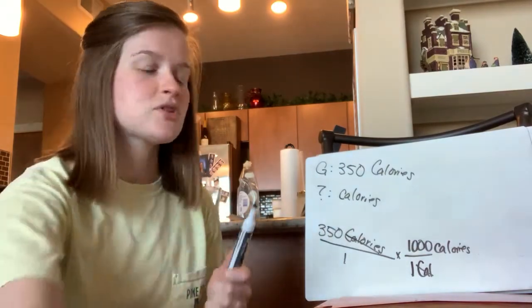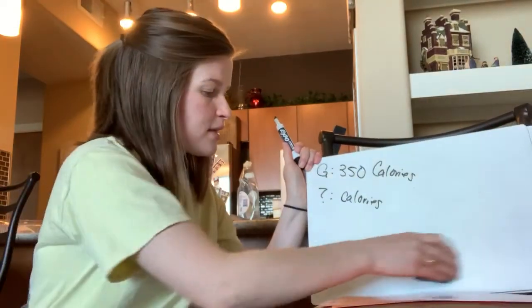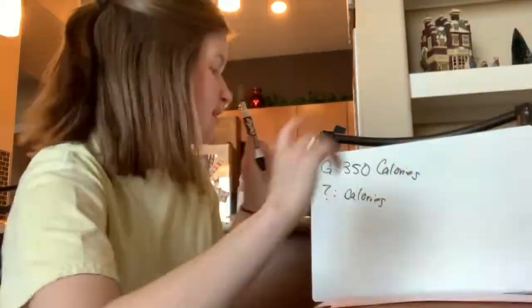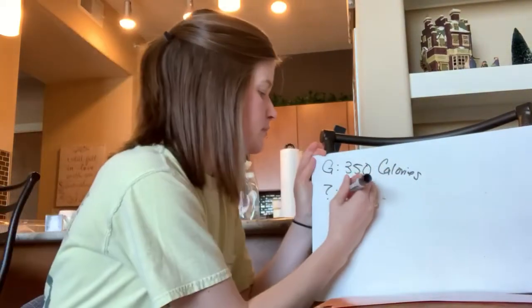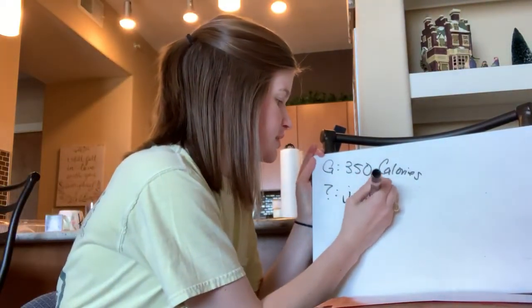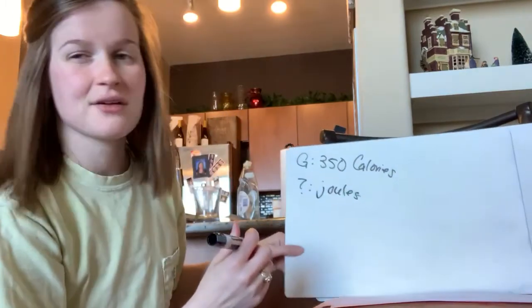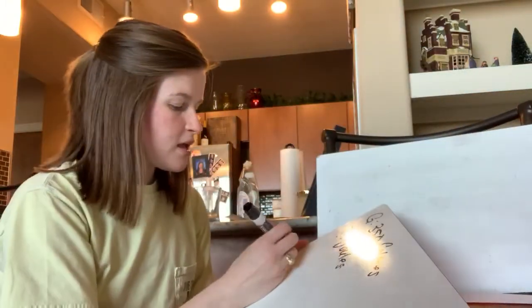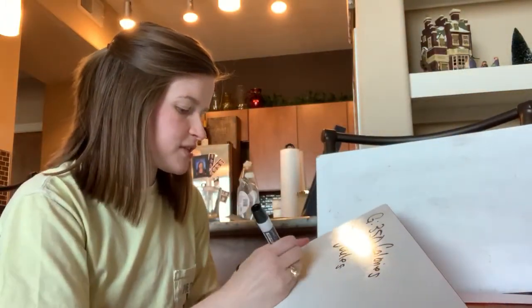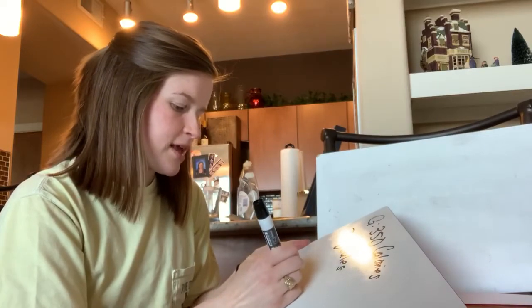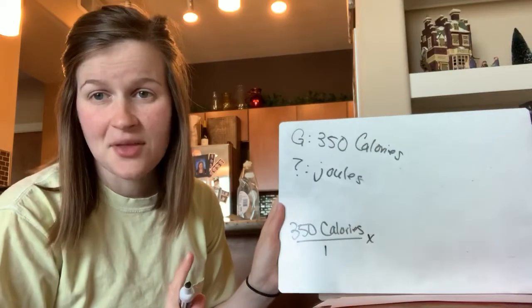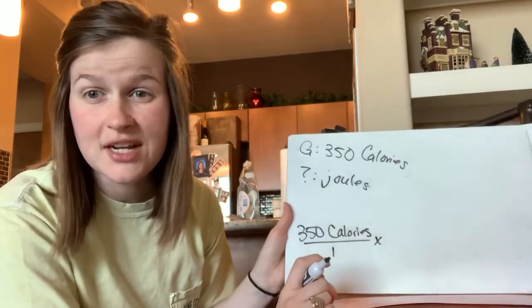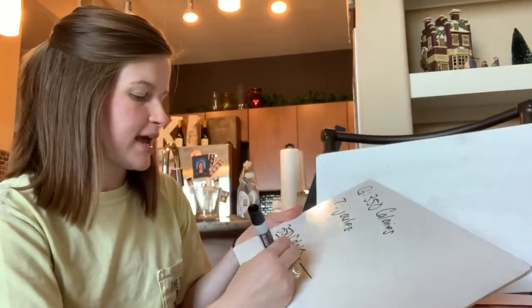And then if you were to solve for joules instead, we're going to change it to joules. We want to know joules. So we still start with the same thing. I could have not erased my work, but that's okay. That's 350 calories with a capital C. I only know what 1 calorie to joules is equal to, so first I need to get into calories like I previously had.